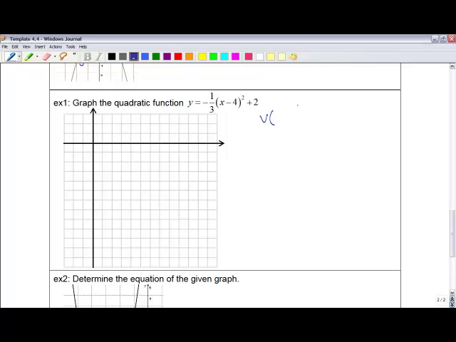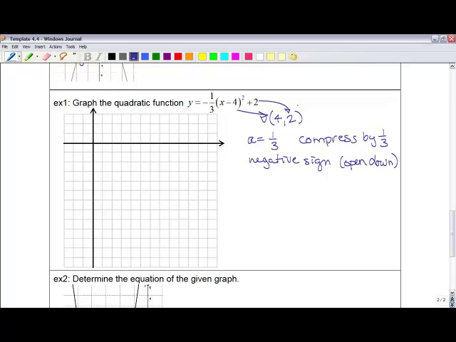So we have a vertex of 4, 2. The 4 and the 2 create our vertex. We have an a value of 1/3, so that's us compressing by 1/3. And we have a negative sign, so that opens down.